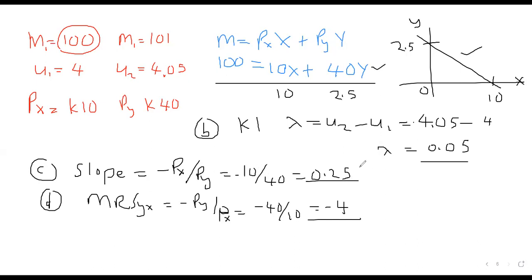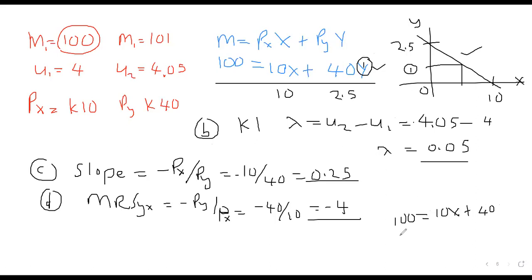All right. So for this budget line, how many units of X will we consume at 1 unit of Y? So we substitute this in the equation. Where there's Y, we put 1. So we're going to have 100 is equal to 10X plus 40 times 1, which is 40.